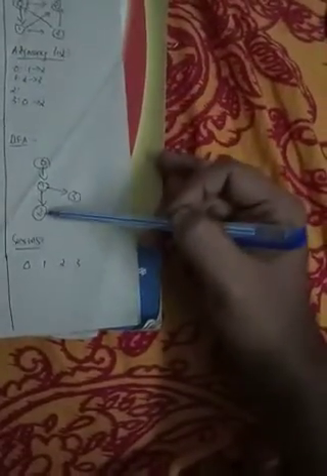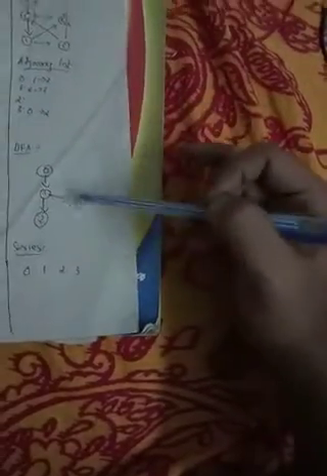Then for 2 we don't have anything, so we'll come back to 1. 2 is already visited, then we'll go to 3. This is the DFA for this graph, and the series will get printed like this: 0, 1, 2, then 3. So this is how we'll do it.